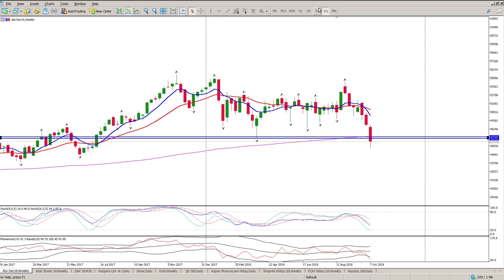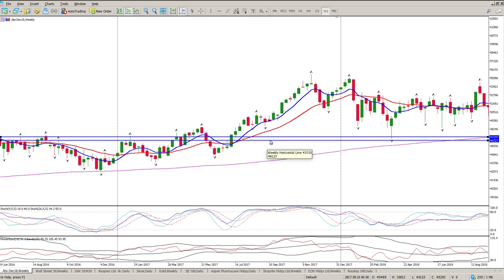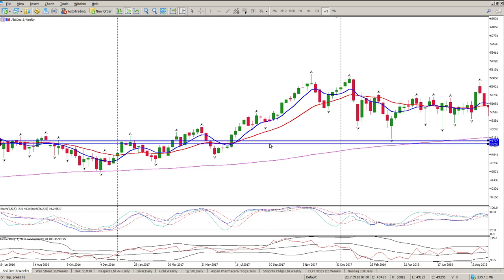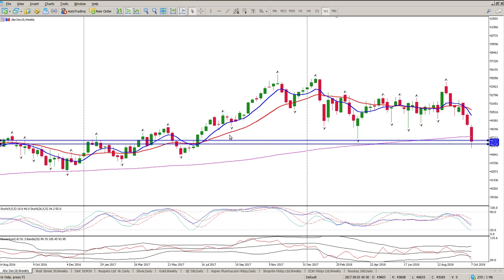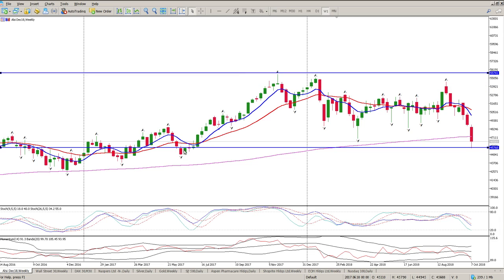So what I want to do is pick up on some levels, and ignore that for now. We even broke through that, so let's just get rid of that one.